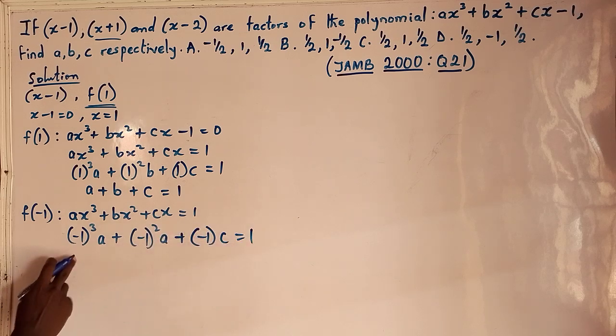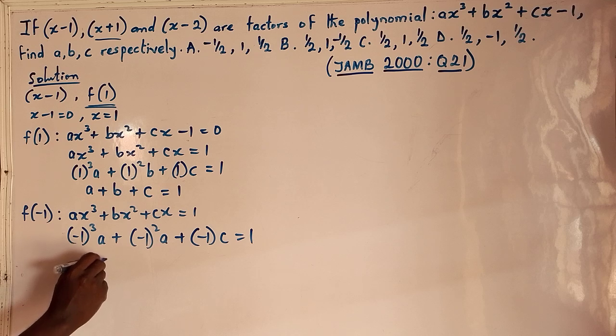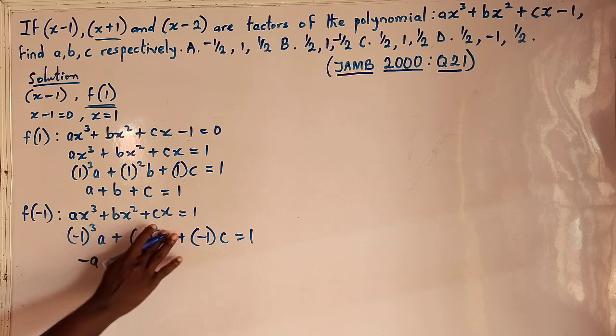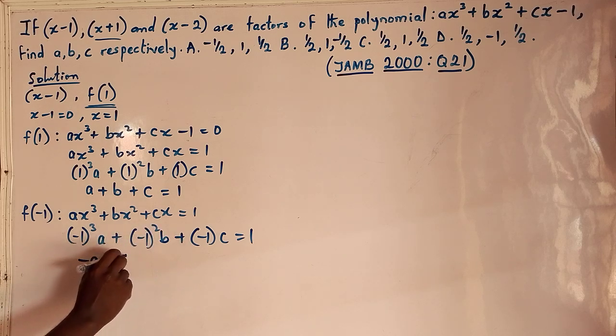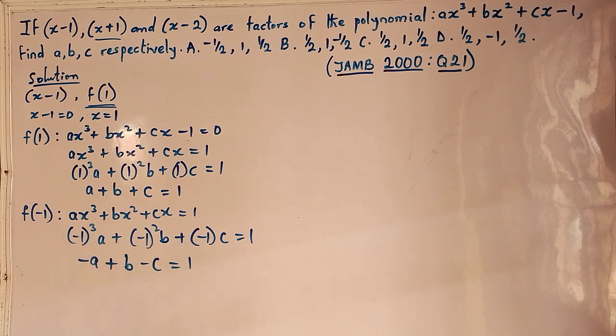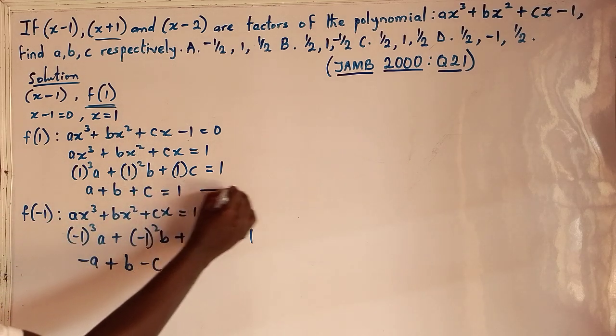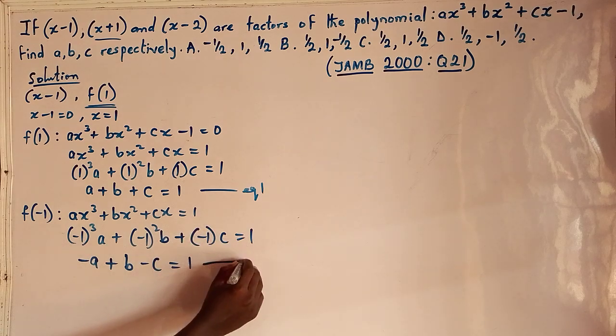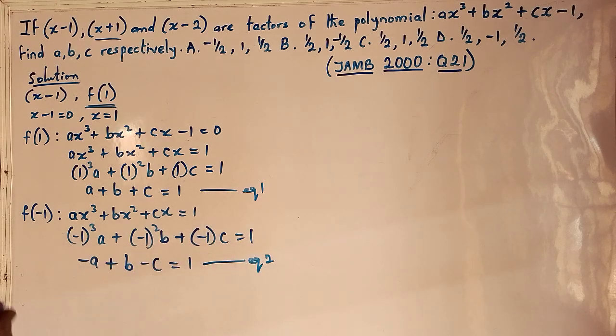So what do we have here? Minus a plus b minus c equals 1. We take the first one as equation 1 and this as equation 2.